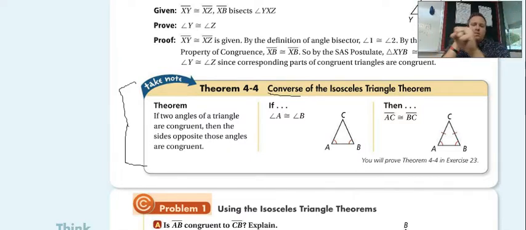This one says that if you have congruent angles, then the two sides are going to be congruent. So if the two angles of a triangle are congruent, so it's just rearranging it this time, then the opposite sides are going to be congruent. And again, this applies for my isosceles triangles. Okay, let's keep going on.